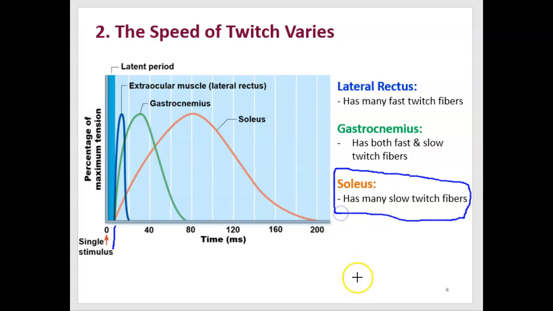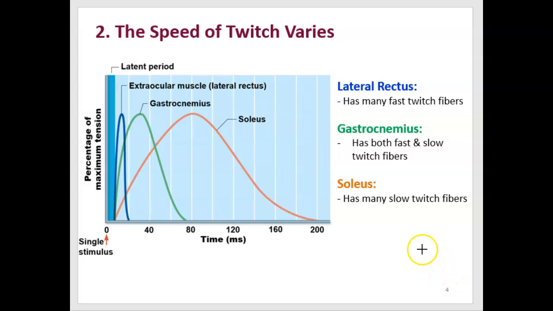It's a synergistic muscle in your calf, and it takes a long time, relative, still milliseconds, to reach maximum muscle tension. Now, of course, whole muscles have combinations of fast twitch fibers and slow twitch fibers.